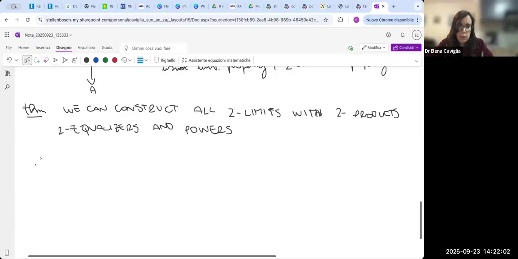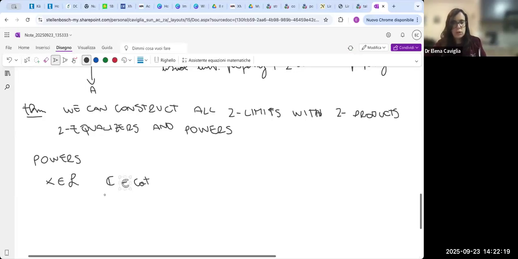So what are powers? The idea is that we want to take an object of our two category L, and then we want to take a category C in cat. And in this case, we take a category because we are considering cat-enriched categories, so two categories.